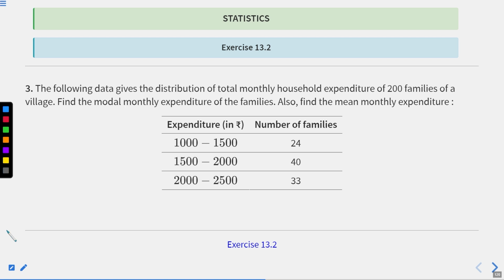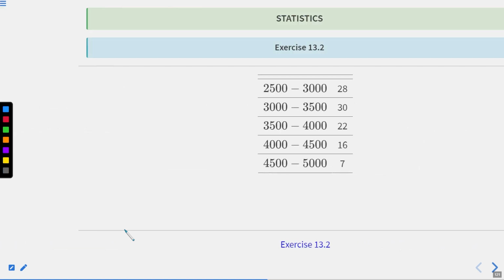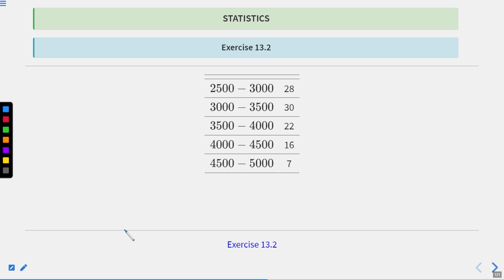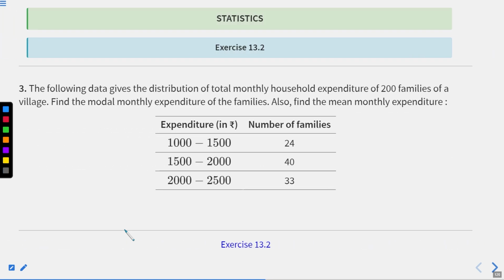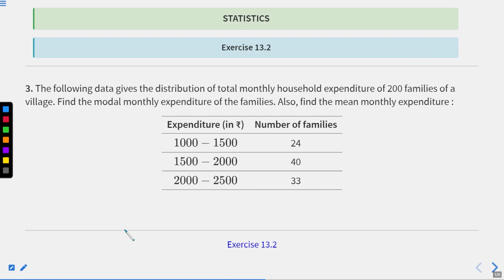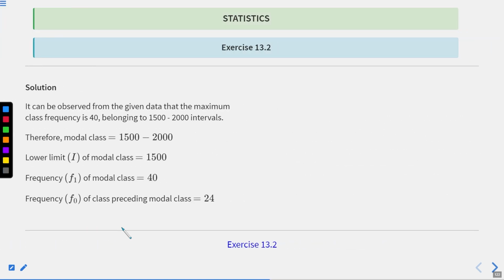We have this table with two columns: one is expenditure and the other is number of families. Okay, so let us solve this problem.